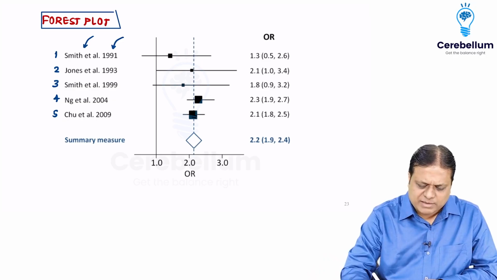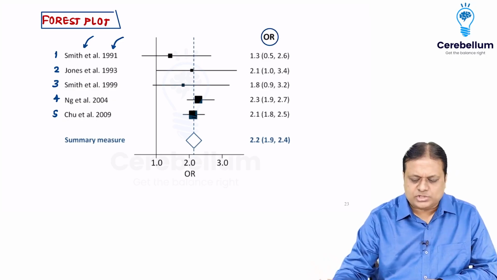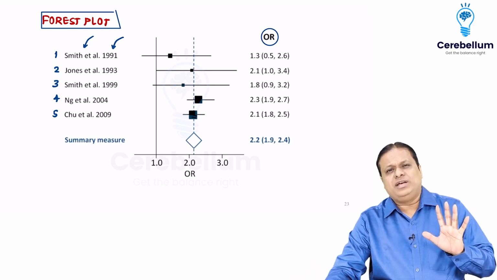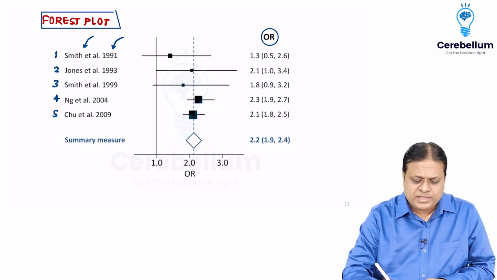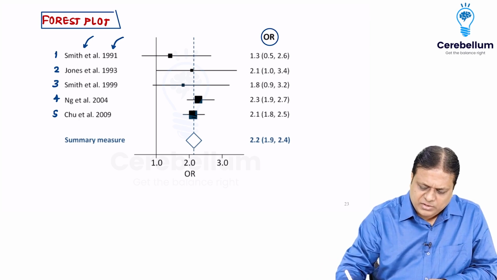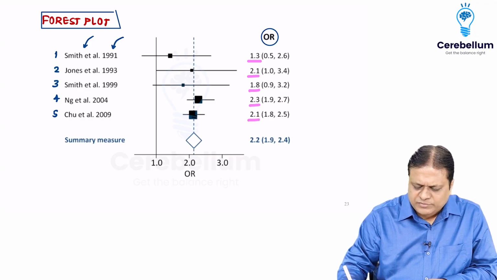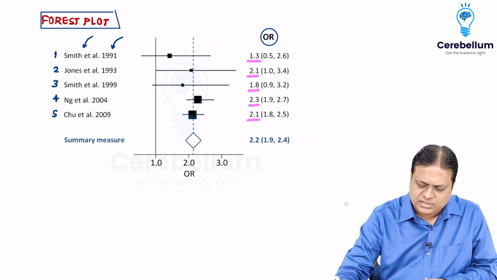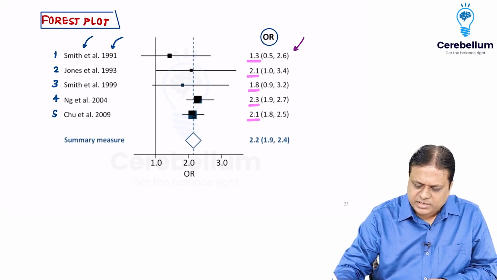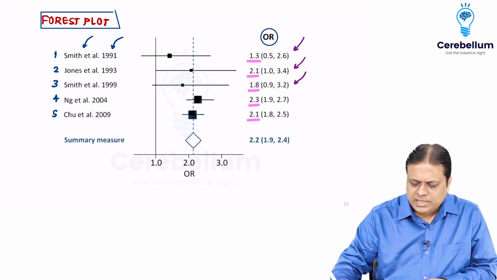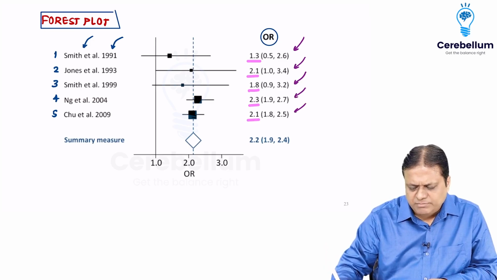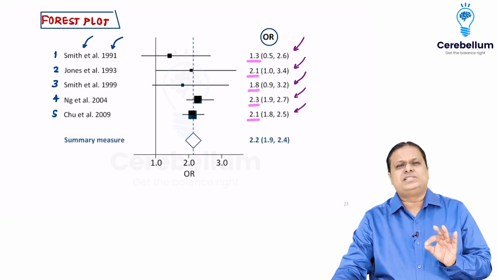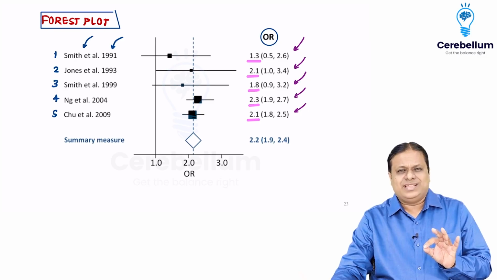In this particular example, we have depicted their odds ratio. So these must be 5 different case control studies. In them, we have given not only their odds ratios, but for all 5 studies, we have also given their confidence interval. As we have discussed in main videos and mission videos, if the confidence interval includes 1, then results are not significant, not valid.